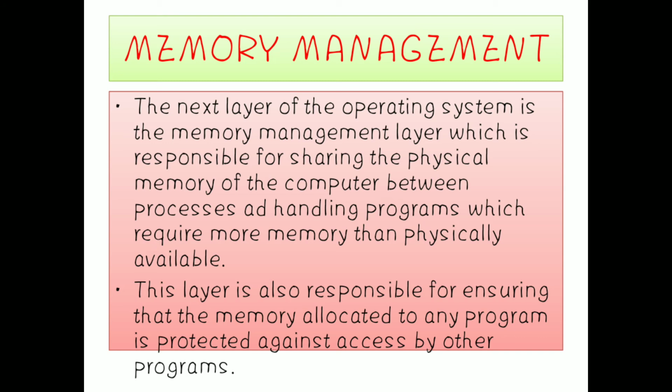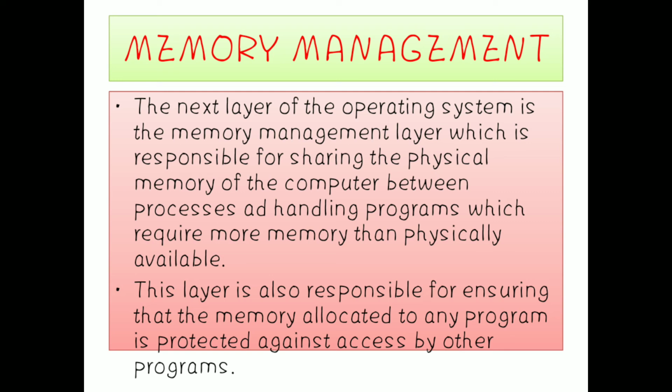Next one is memory management. So this is the next layer of the operating system. So basically what is memory management? This memory management is responsible for sharing the physical memory of the computer between the processes and the programs that are running. These programs will require more memory than the computer system physically contains.